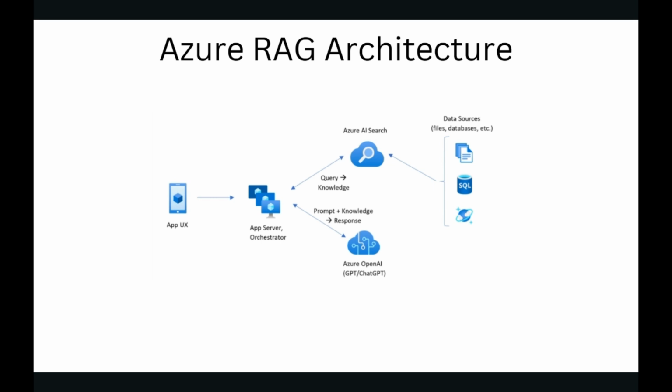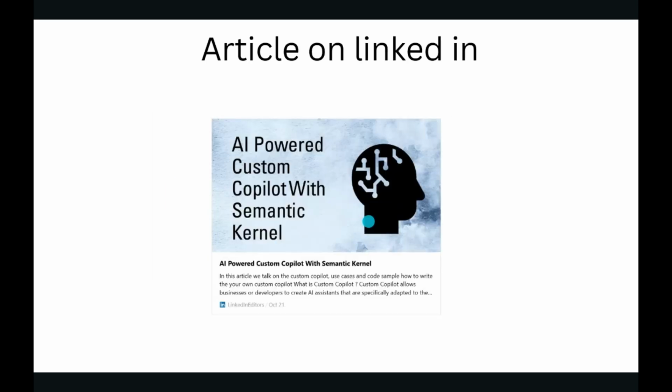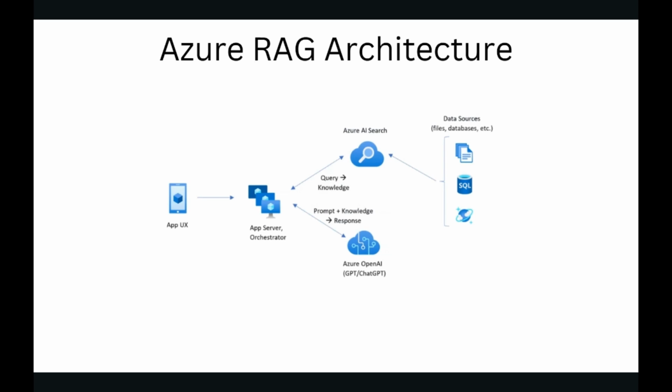You can go through that, and I'll be adding those links in my description. However, we can retrieve that information. When you send the retrieved information along with the prompt, you'll get the desired output. You can see here prompt plus the knowledge response, so you'll be getting the end required result.